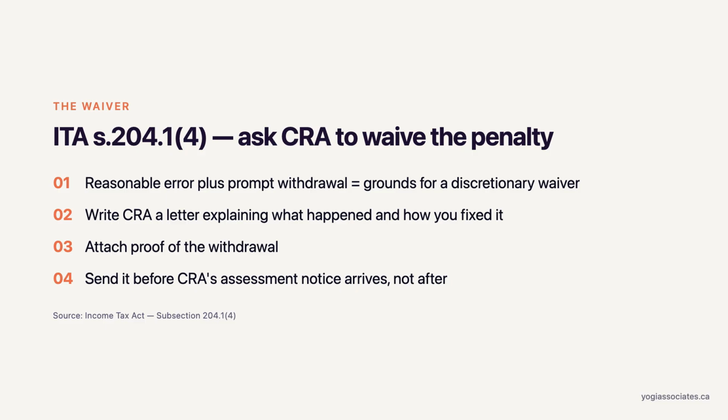It doesn't cover deliberate over-contributions. You write a letter to CRA, explain what happened, attach proof of the withdrawal, and ask for the relief. The waiver isn't automatic, it's discretionary, but the request lands much better when it arrives before CRA's assessment notice does.